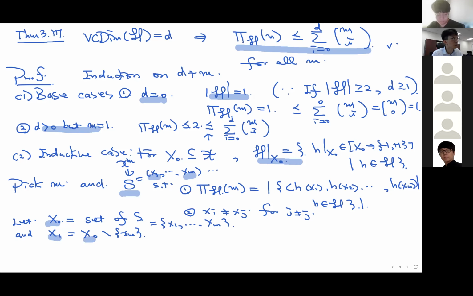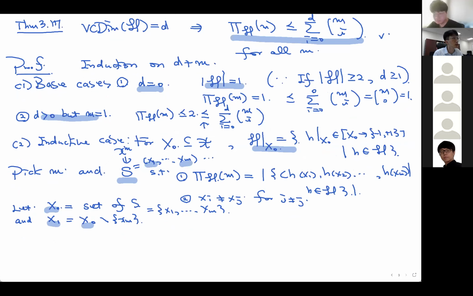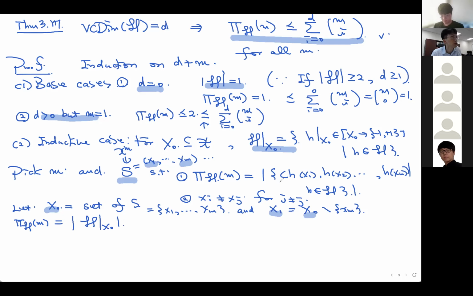So while we are doing this, the first thing that we can notice is that now pi of h and m is the same as the cardinality of h restricted to X0, because the small x1 up to xm are all different.